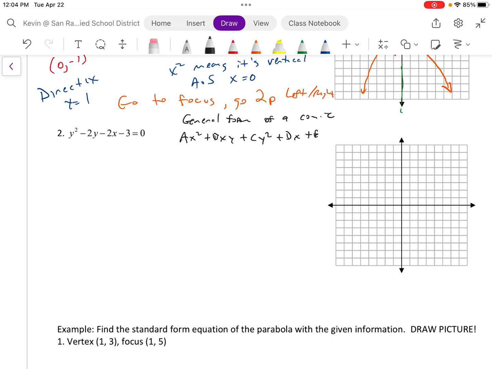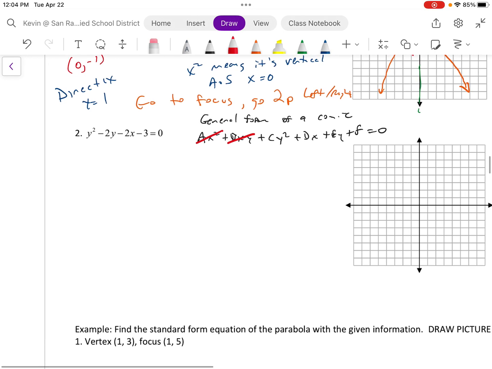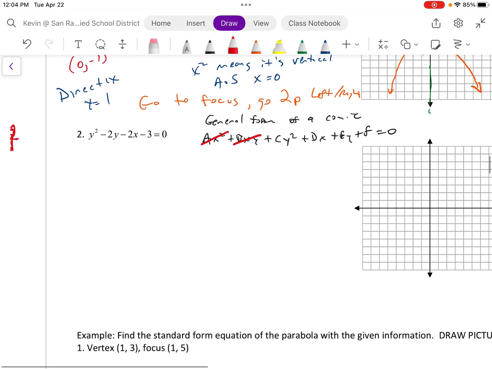That's ax squared plus bxy plus cy squared plus dx plus ey plus f equals 0. So what do I notice? I notice that I don't have an x squared. I don't have a b, but none of these do. So I don't have an x squared.